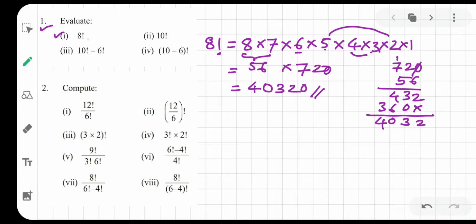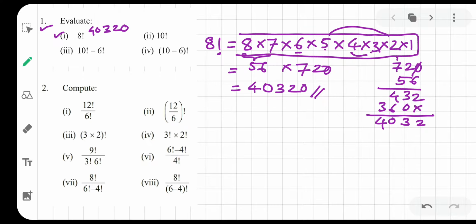So don't go into how I calculated that, but we know 8 factorial is 40320. Which numbers you multiply first is not going to matter. You just need to understand what 8 factorial means and then calculate that.